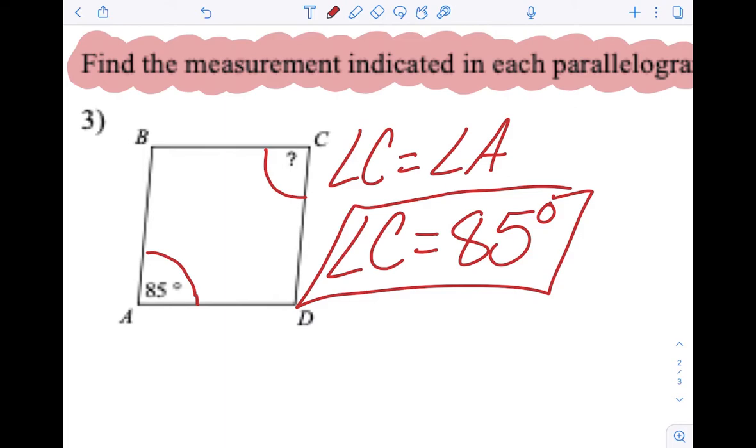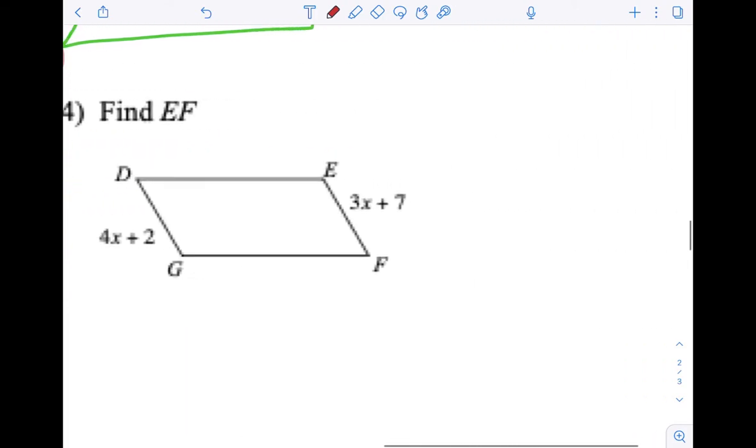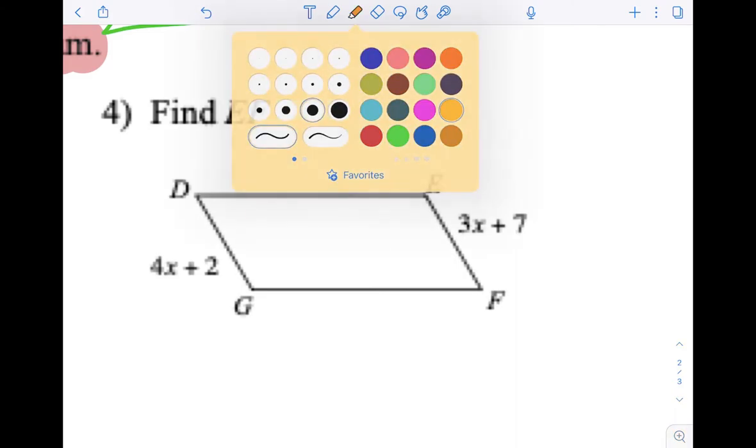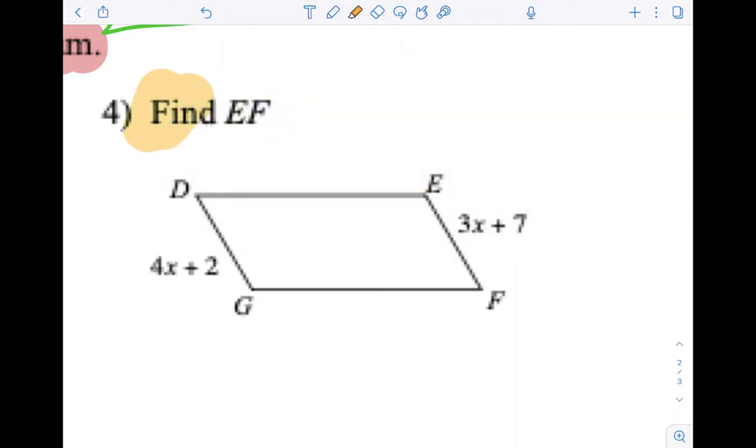Right? So, same idea with number 4. The instructions say find EF. How much is EF? Well, EF is a side. So we have side EF and side DG.